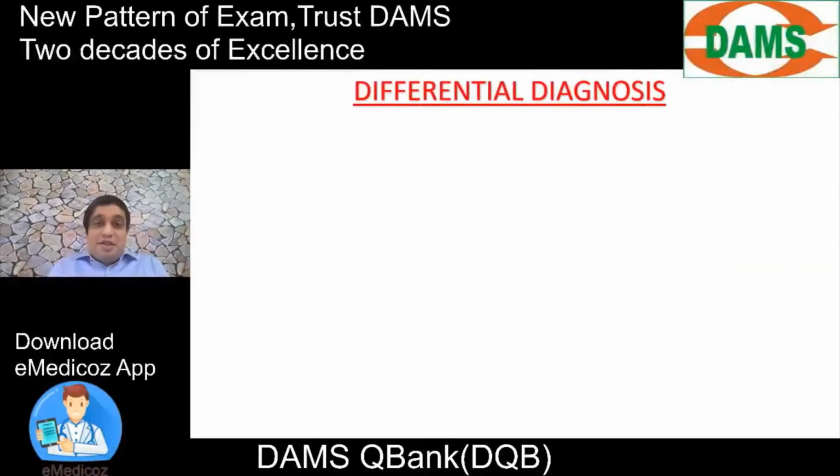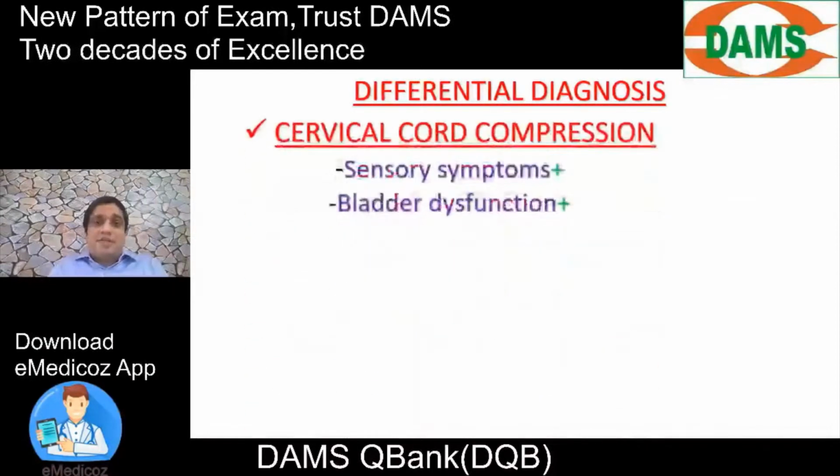Now, differential diagnosis is very important. If a patient comes to me with LMN and UMN palsy, I think of other things apart from ALS, like cervical cord compression. Remember this, cervical cord compression at the level of the lesion will result in an LMN paralysis. Below the level of the lesion it would always result in a UMN paralysis. But it's a spinal cord injury, it's myelopathy, so we're going to find sensory symptoms and bladder dysfunction in them.